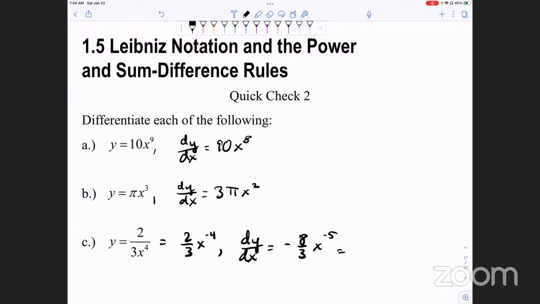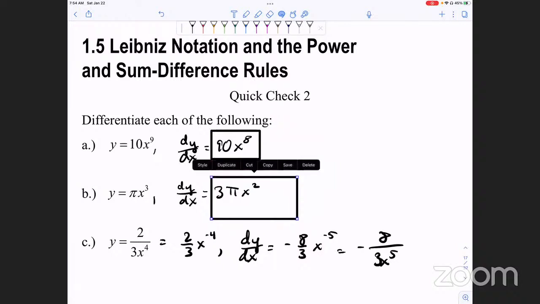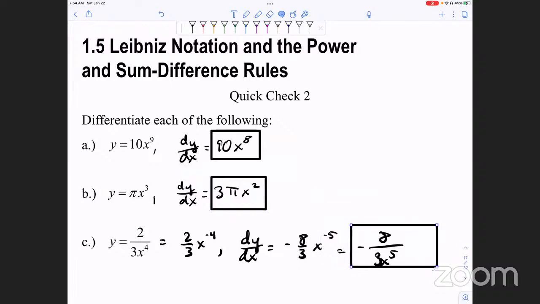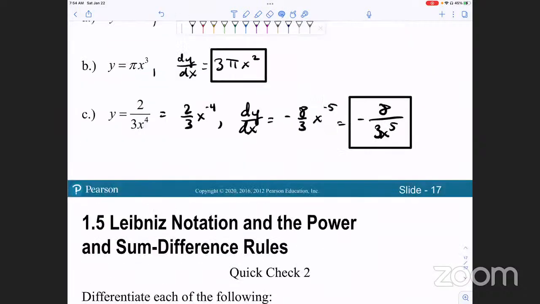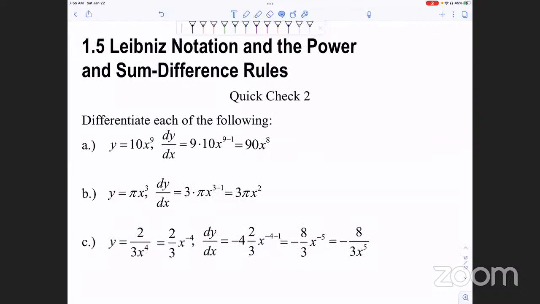Let's not leave the exponent negative, so we get negative 8 over 3x to the 5th. I think we got all of that.